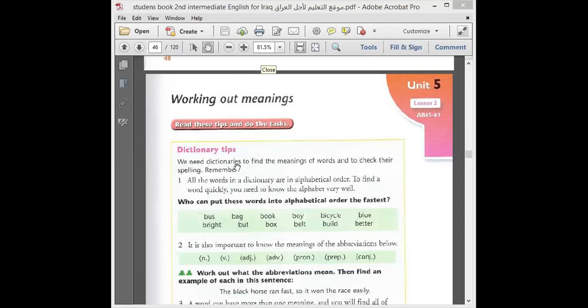We need dictionaries to find the meanings of words and to check their spelling. Remember, first, all the words in a dictionary are in alphabetical order. To find the words quickly, you need to know the alphabet very well.